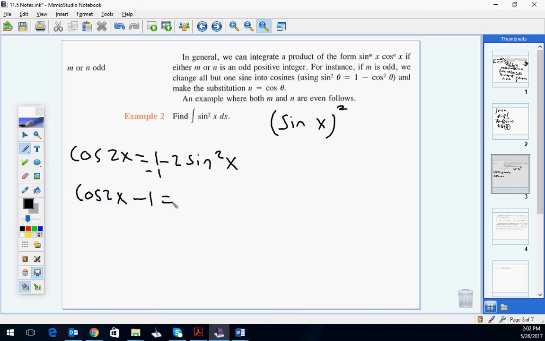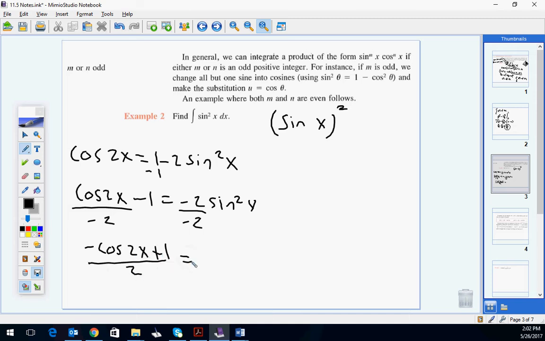Divide by -2, which is going to give me this. So now we actually have something that I can use, because that's easier for us to integrate.